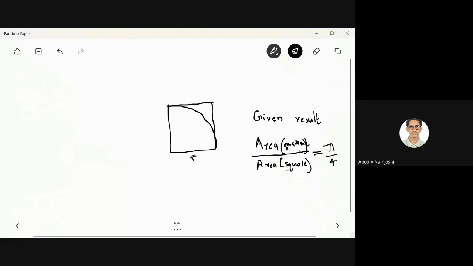And now based on this result, what we need to do is find the value of pi.